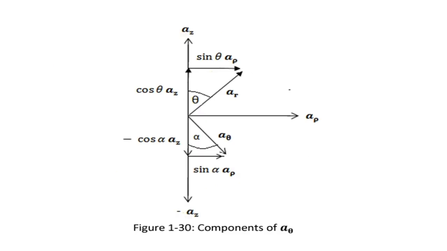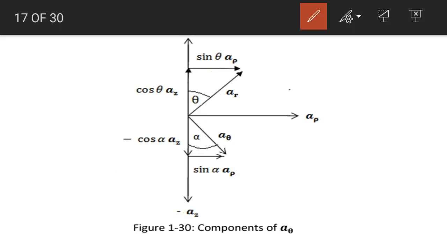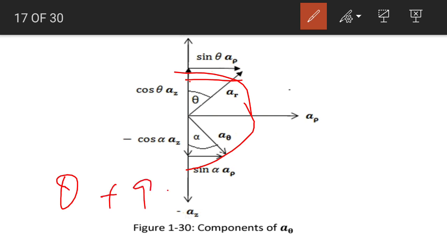If you look at this particular diagram, we talk about this angle. The total angle will be 180 degrees, so we have theta plus 90 plus alpha equal to 180 degrees.